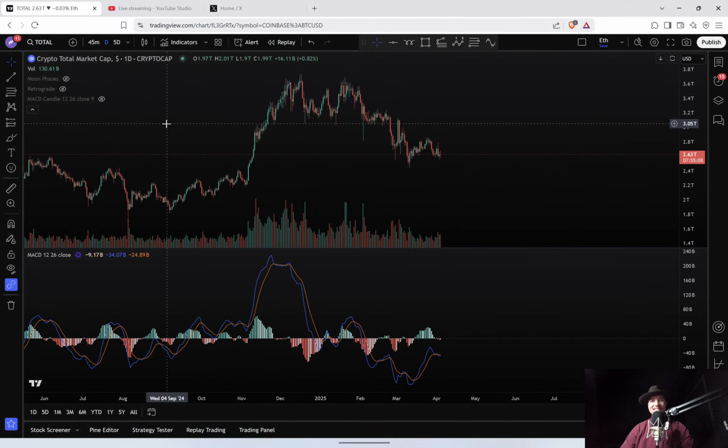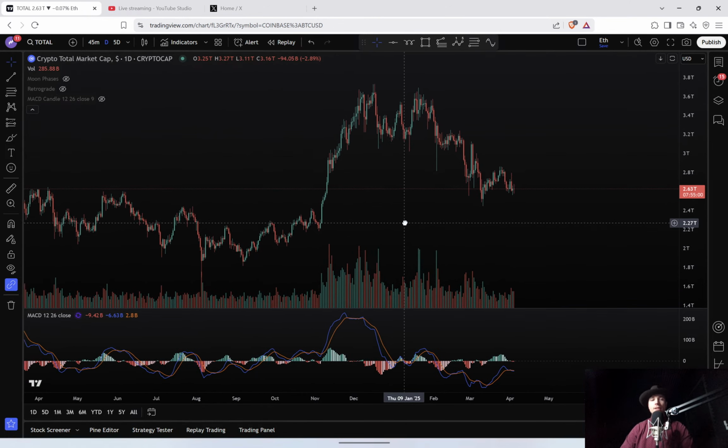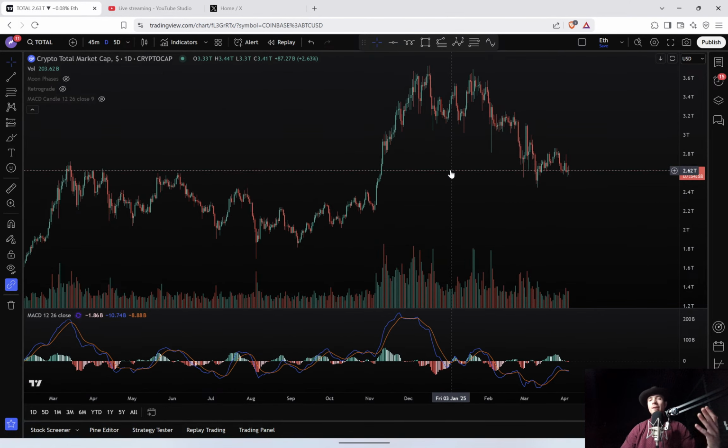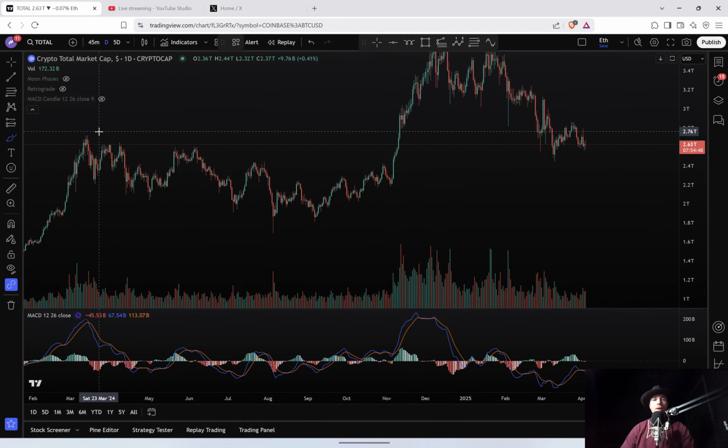What the heck? So yeah, the total crypto market cap looks good in terms of the MACD. The MACD is a very powerful signal for finding when the market is overvalued or undervalued, based on it being overbought or oversold. A really good example of the market being overbought is right here.